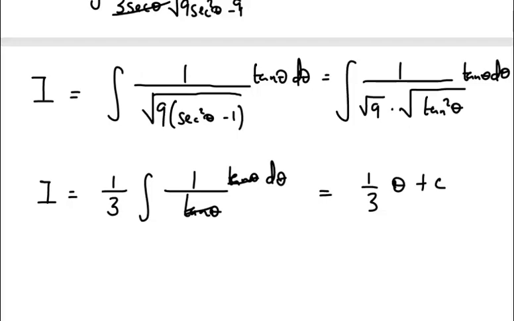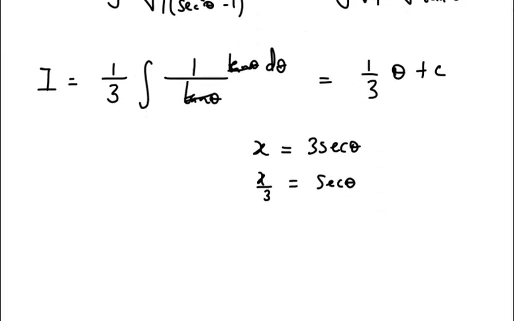Now let us recall, remember our answer needs to be in terms of x. That x is equal to 3 secant of theta, right? Divide both sides by 3, we get x over 3 is equal to the secant of theta. Now take the inverse secant on both sides. So we're going to have that theta is equal to the inverse secant of x over 3.